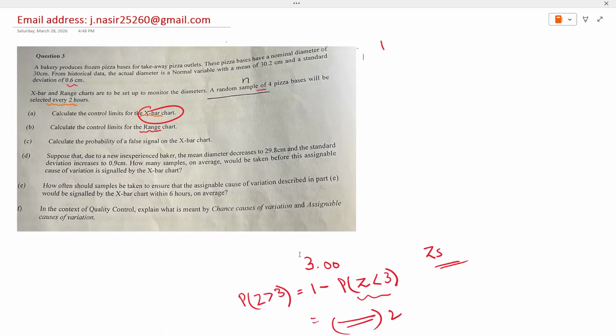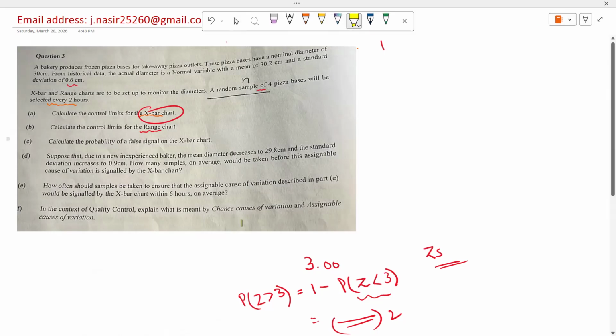The human mind refers to any phenomenon that it cannot comprehend as random, right? So chance causes of variation, you can think of as random changes, something that you cannot capture. So you disregard this, right?